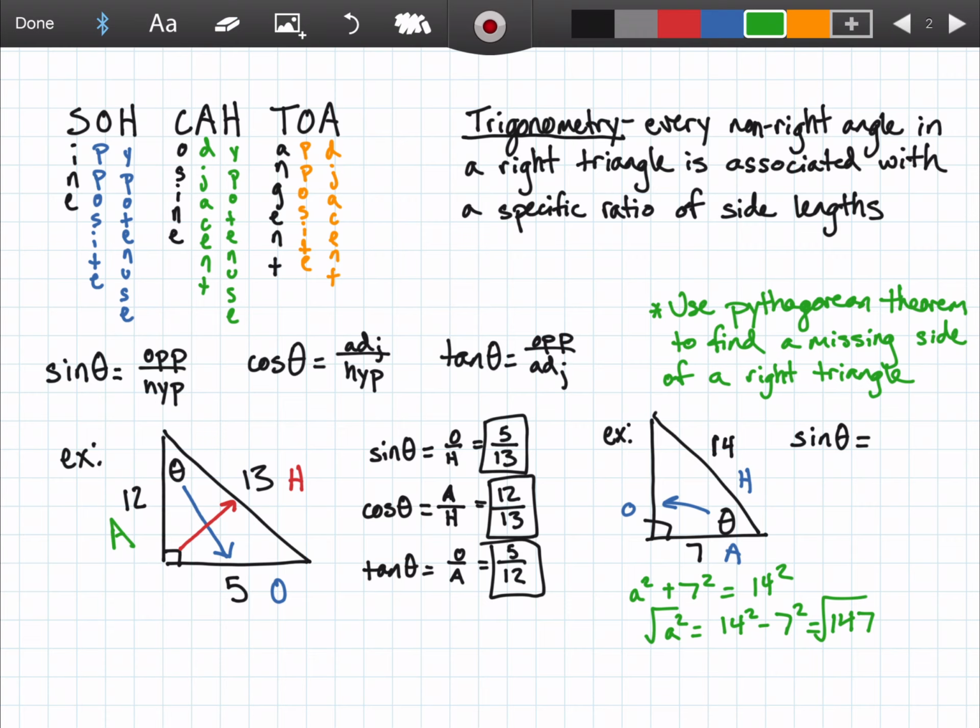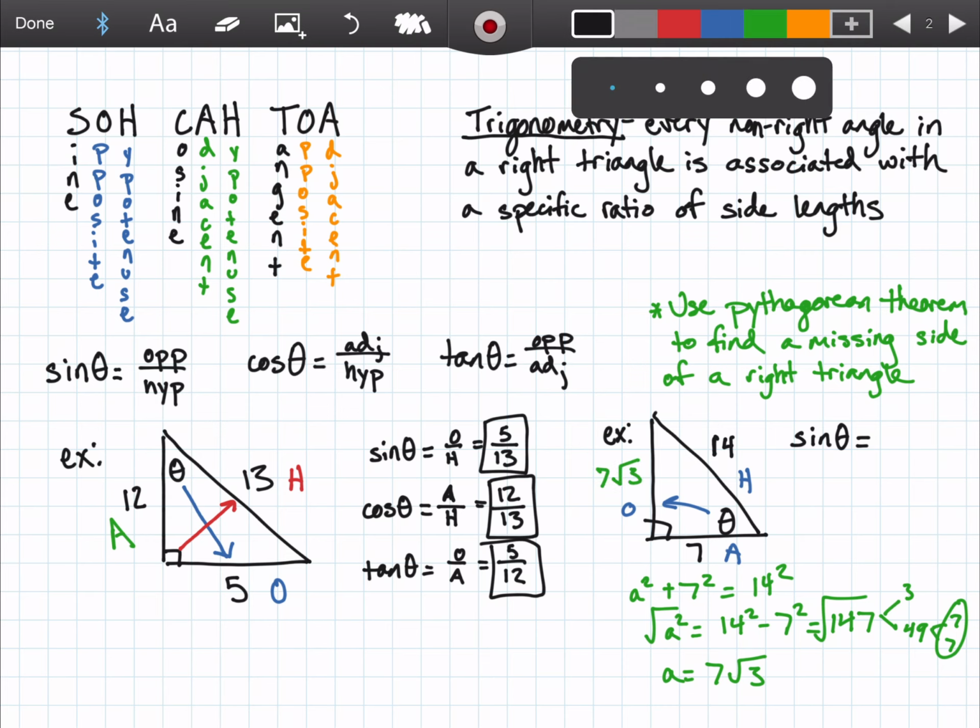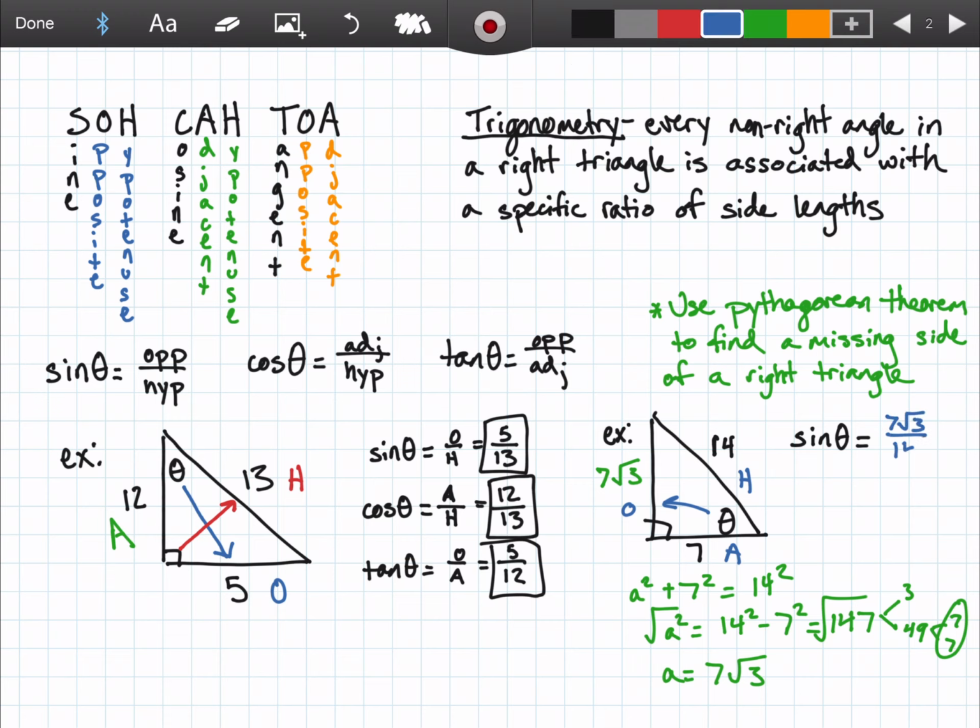And I believe 147, oh, it's not a prime number because it's divisible by 3. Look at that. 49, 7, 7, bam. A equals 7 square root of 3. Which means sine is opposite over hypotenuse, which reduces to root 3 over 2. Okay.